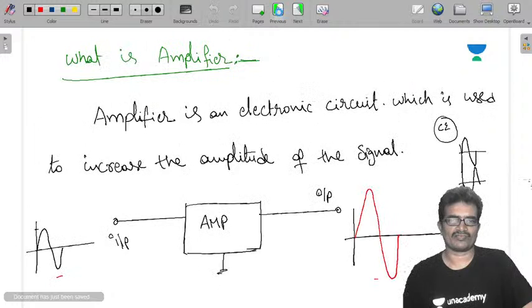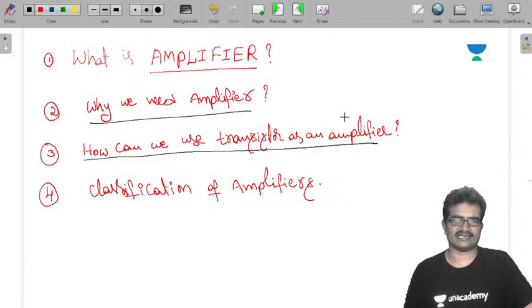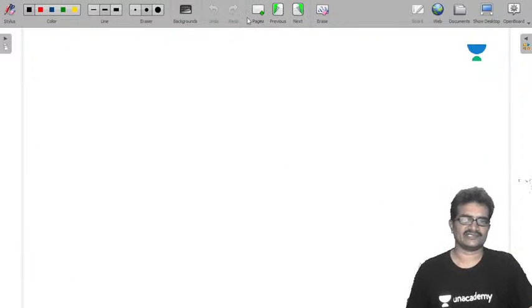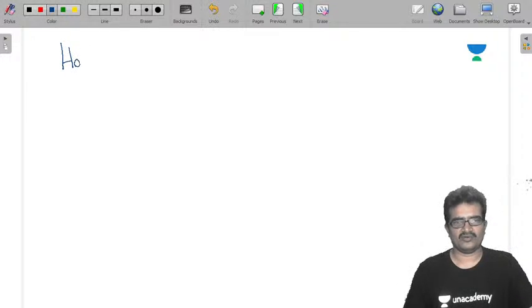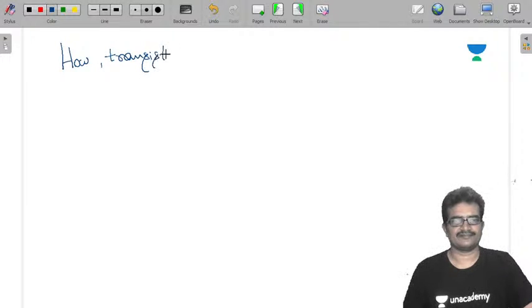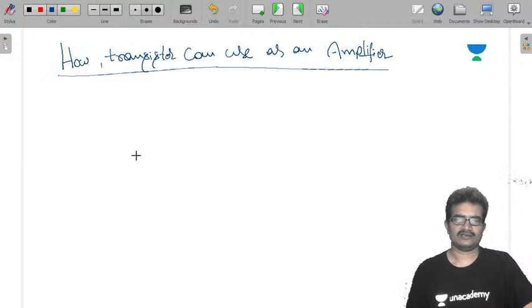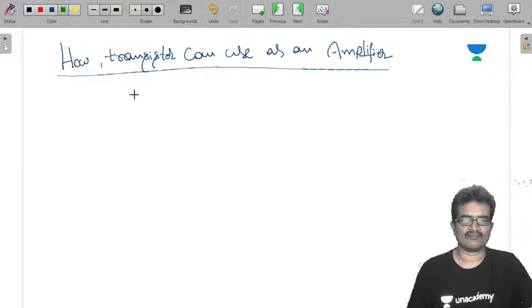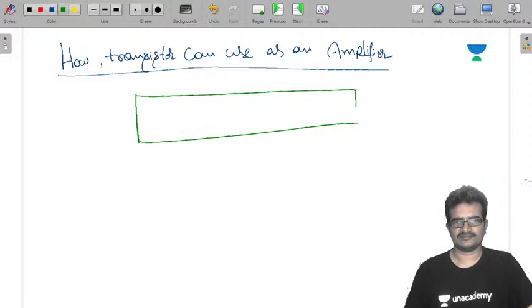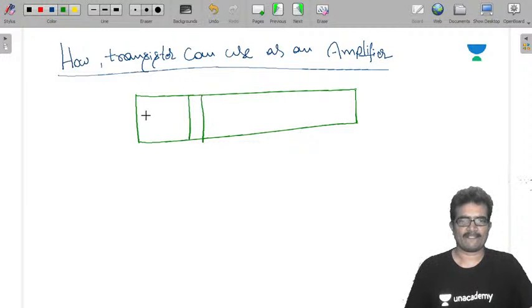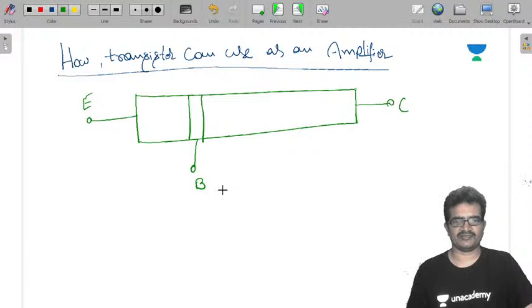Next one. How can we use a transistor as an amplifier? If you take the transistor, it has two junctions: the emitter junction, the junction between base and emitter, and the collector junction, the junction between collector and base.